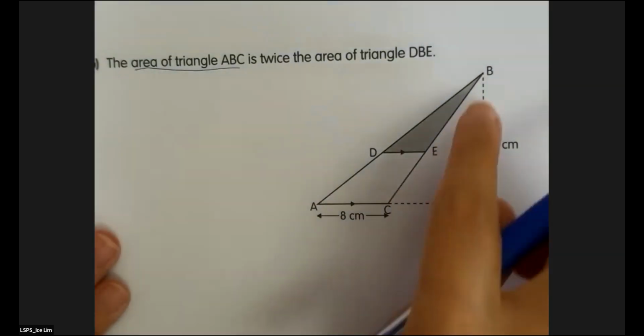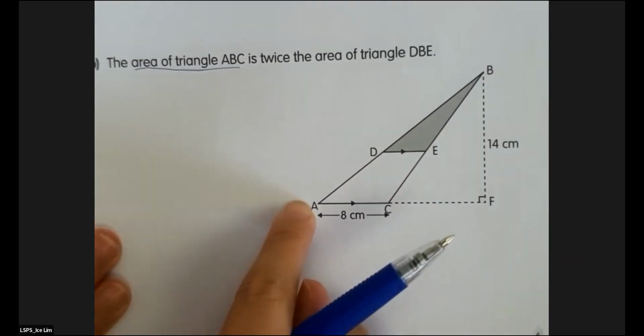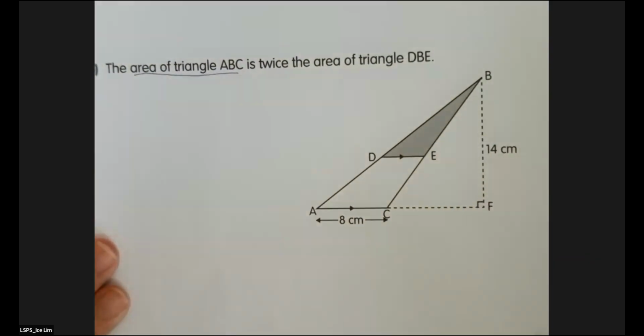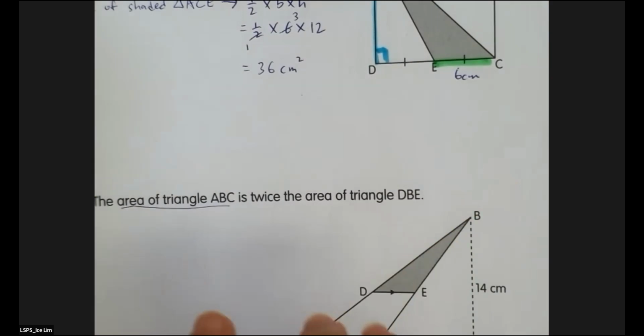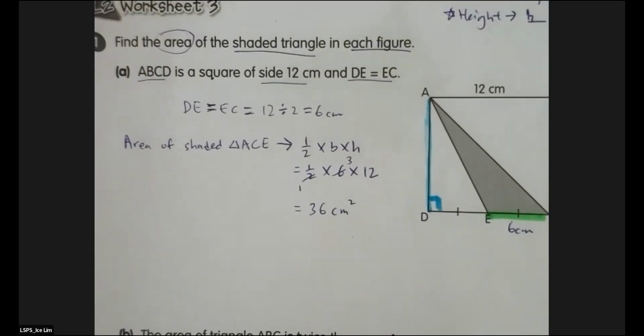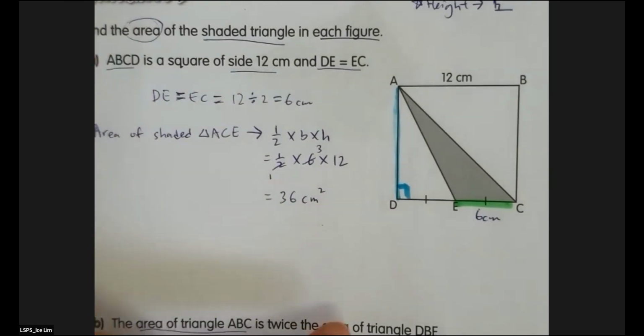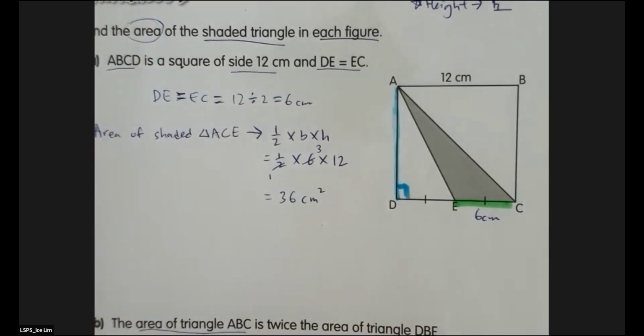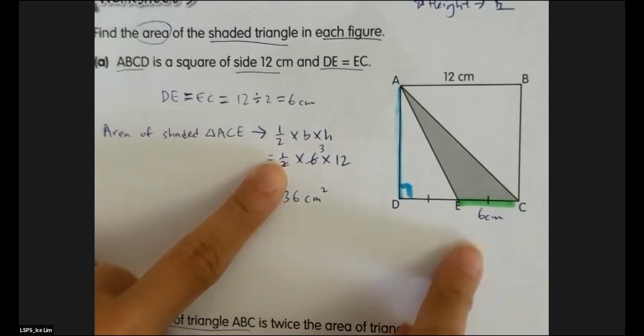Area of the triangle ABC. Again, my aim is to finish this whole set of worksheets, 4 problems, in the next 10 minutes. Can or not? Still cannot, that means you are too slow already. Come on. This is one step only.